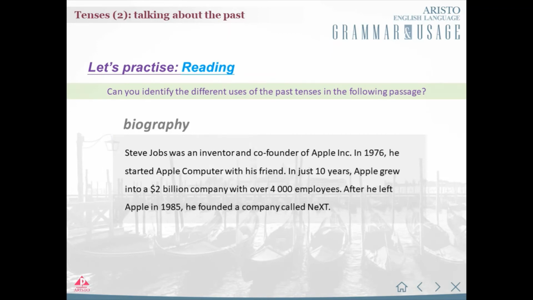Let's practice reading. Can you identify the different uses of the past tenses in the following passage?